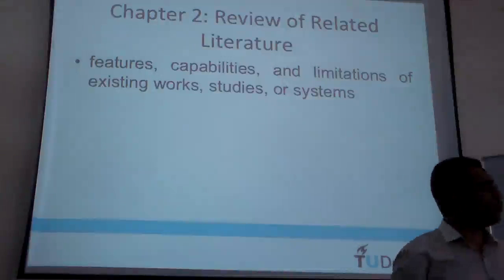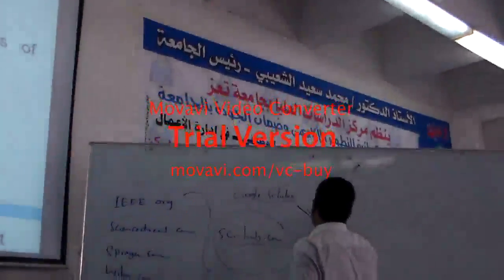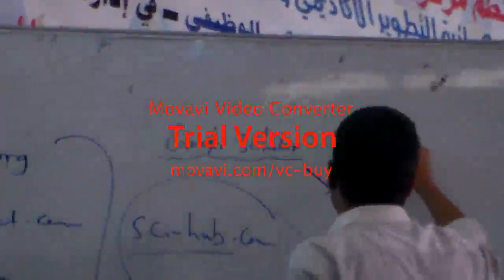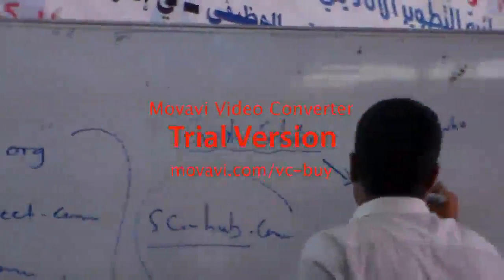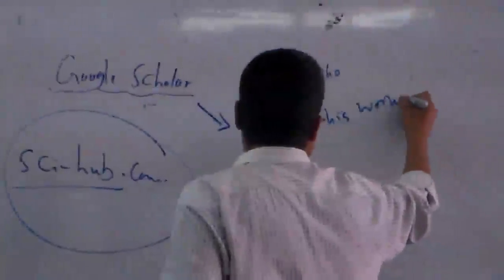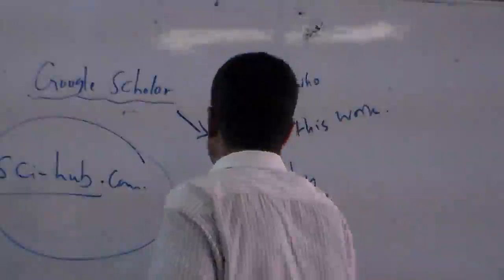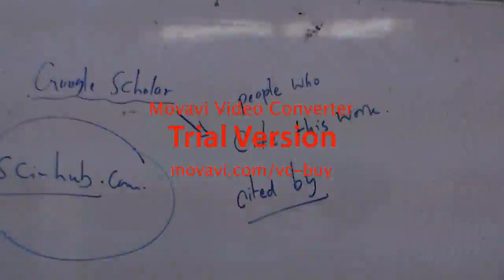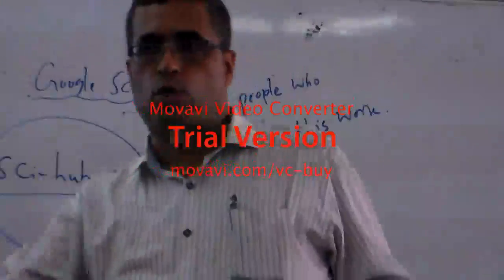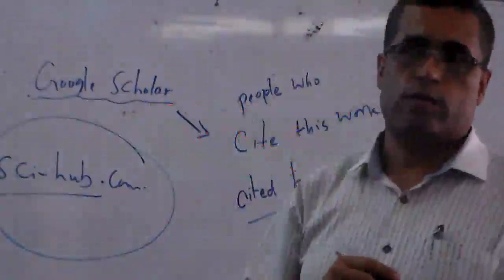Okay? So when you go to Google Scholar, in Google Scholar you can find the people who cite this work. You will find it under "cited by", to know who are the people who cite this work and what they say about it.